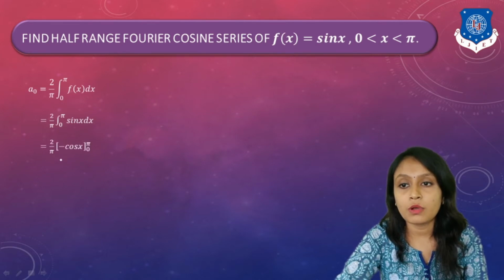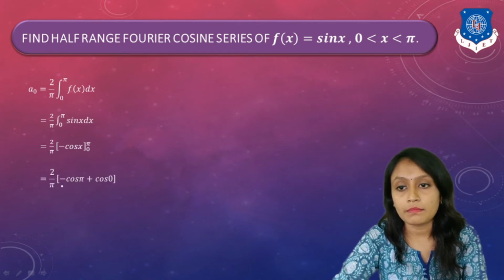So here you will get 2 upon pi minus cos x, limit is 0 to pi. Apply the limit, so you will get 2 upon pi, minus cos pi plus cos 0. Now we know the value of cos pi is minus 1, so it will become plus 1, and cos 0 is again 1. So the final answer is 4 upon pi. So the answer of a0 is 4 upon pi.